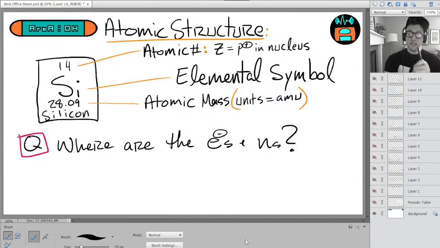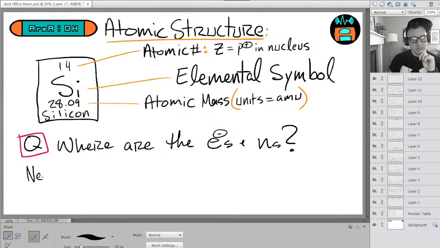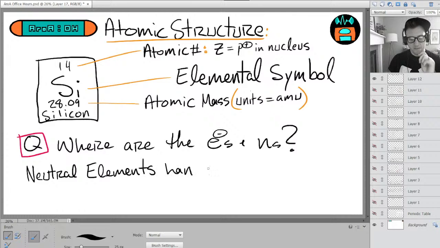All right. And the answer is twofold. First, let's talk about the electrons. Something you should know is that neutral elements have no net charge.